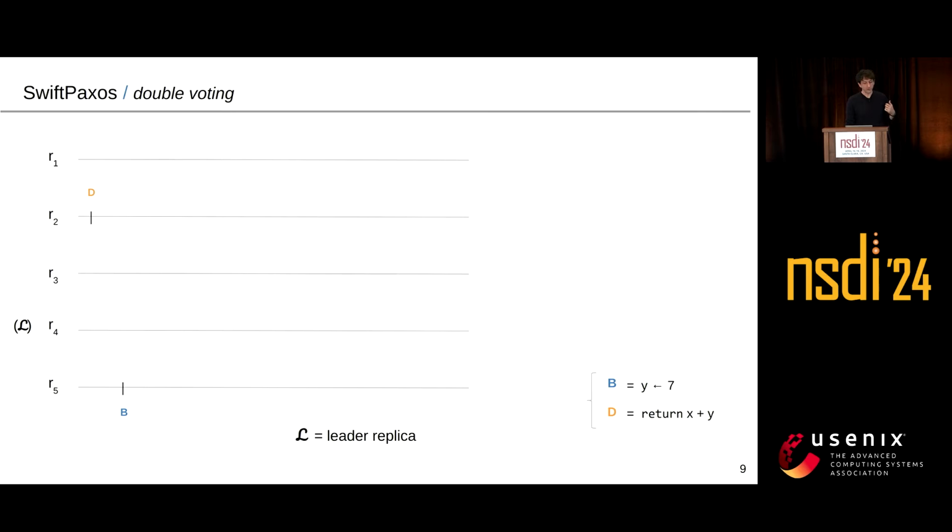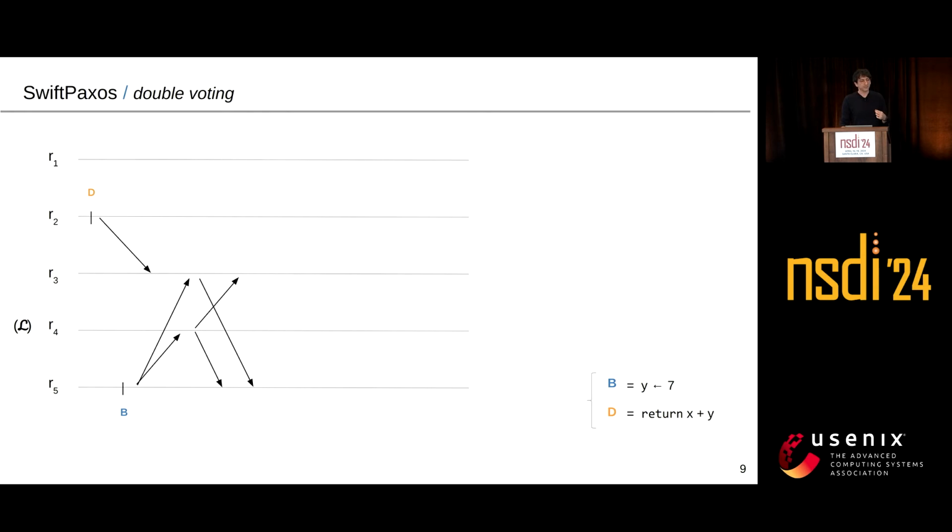We have also a leader replica, which is replica 4, which will solve a disagreement between the replicas if it happens. So let us consider that replica 3 is receiving first command D, then command B. If replica 4 has received B first, there is a disagreement between the replicas regarding the ordering of B.